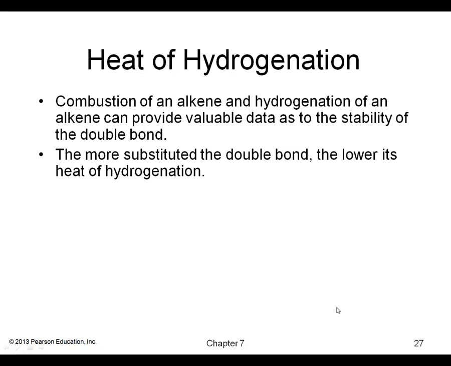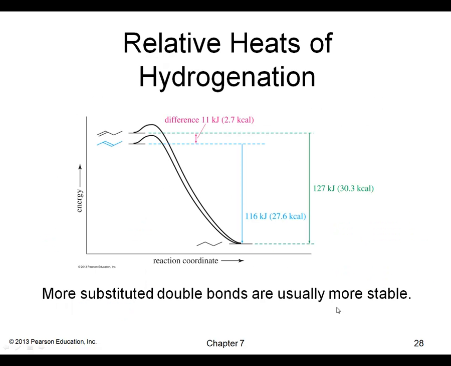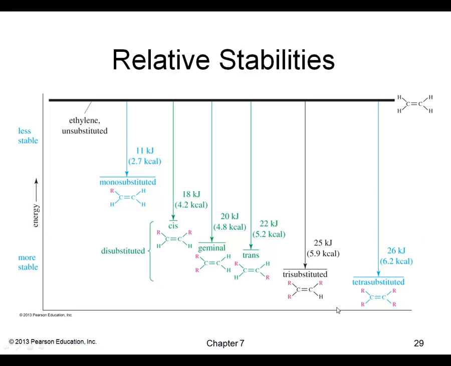Heats of hydrogenation. This is another way to tell you how stable double bonds are. We covered this using Zaitsev's rule, but we won't get into this much here. It's again showing you that as I get a more highly substituted double bond, it's more stable than a lesser substituted double bond.